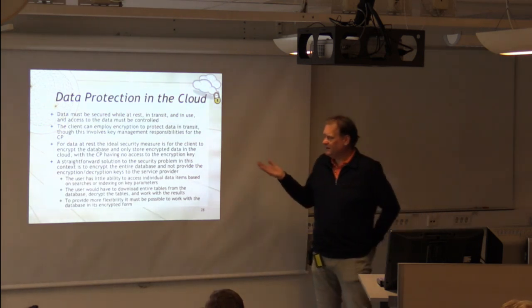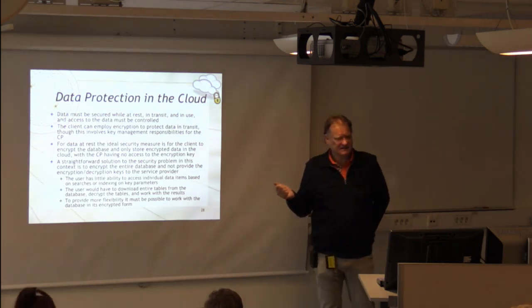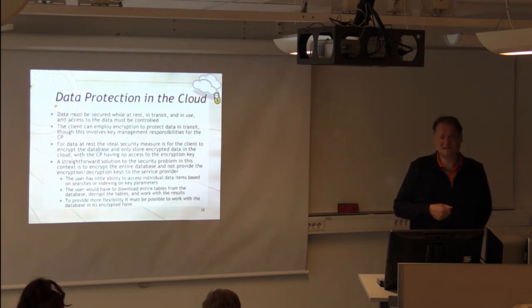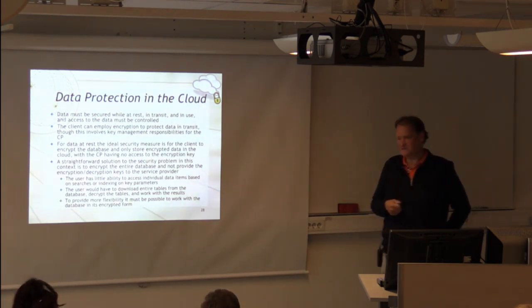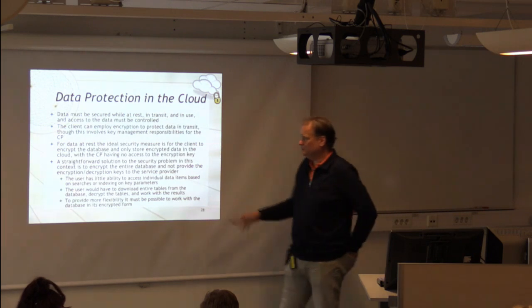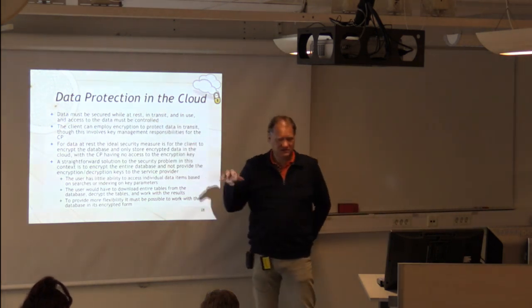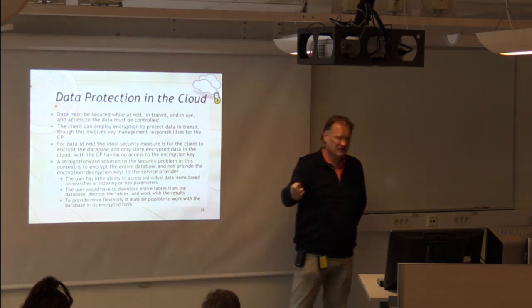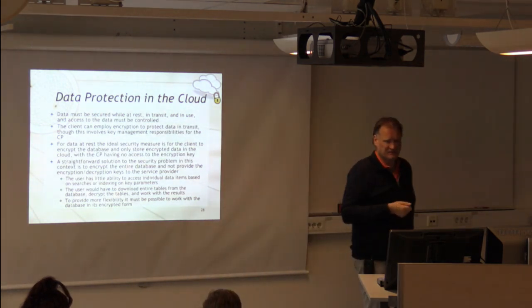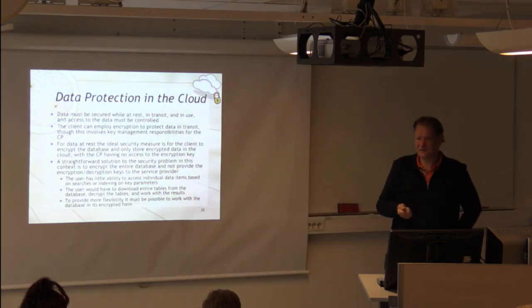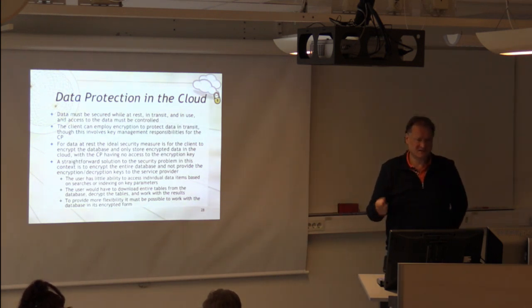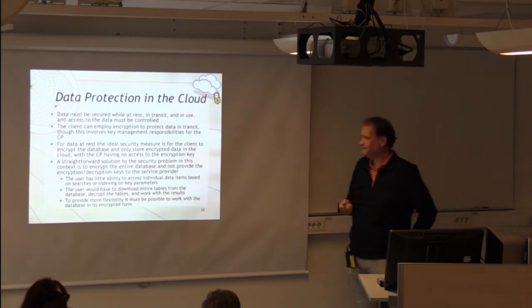Now, when we talk about data in the cloud, it's not only data that is in the cloud itself. We have to think about data in all the different steps. While at rest, while it's actually just stored in the cloud, in transit, when we are sending and receiving from the cloud, what happens with the data there? Where does it go? Is it secured? Who can access the data while we are sending it?